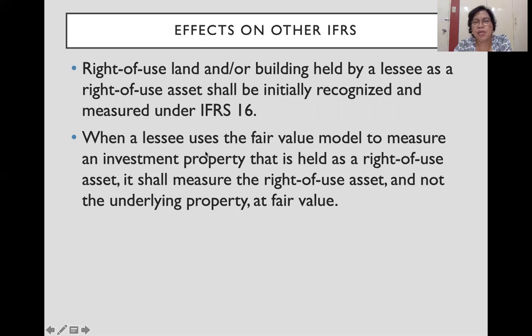When a lessee uses the fair value model to measure an investment property that is held as a right of use asset, it shall measure the right of use asset and not the underlying property at fair value.